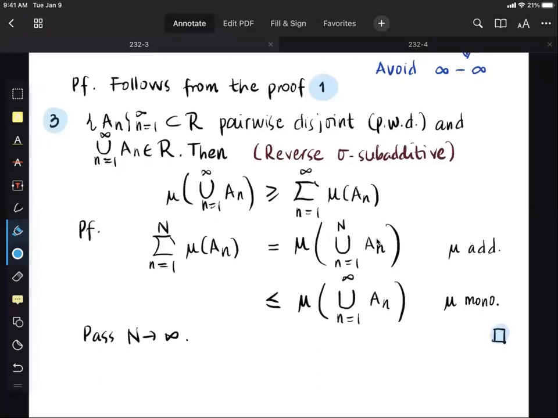And a content satisfies the reverse sigma subadditive property, meaning the content of a countable pairwise disjoint union is greater than or equal to the sum of the contents.